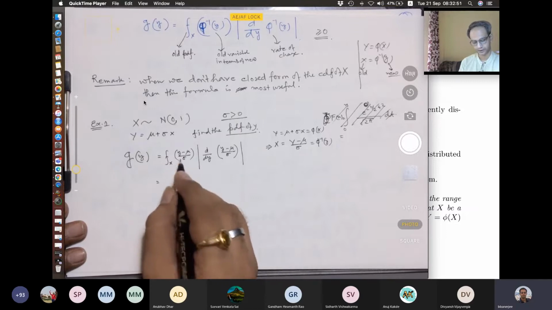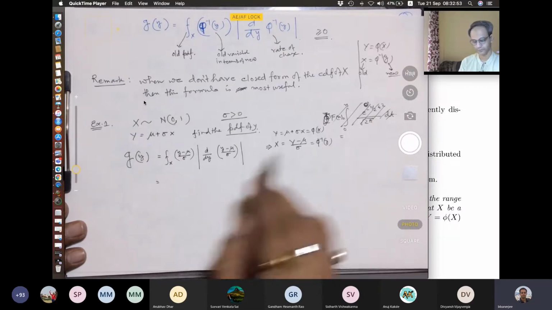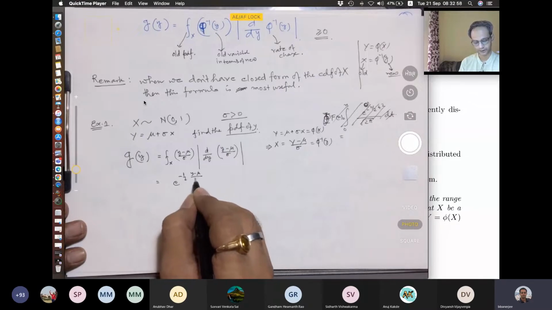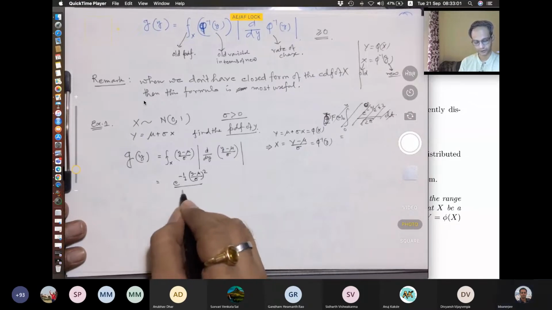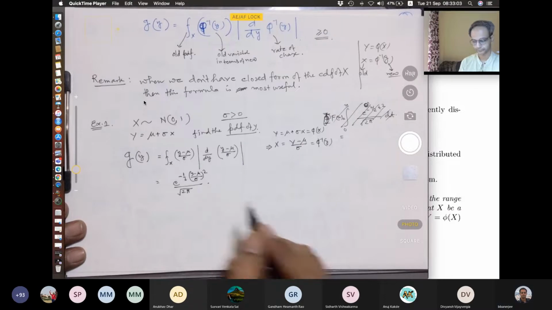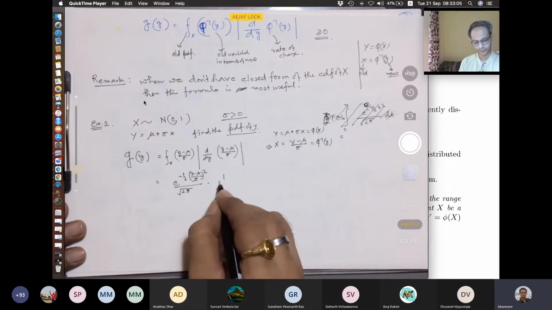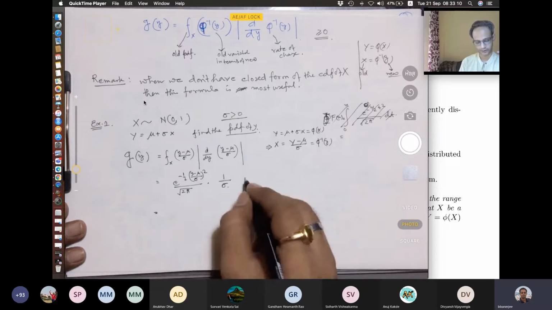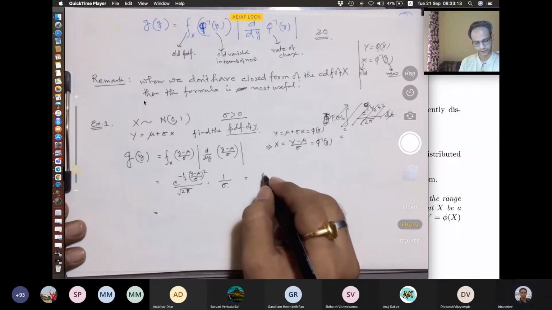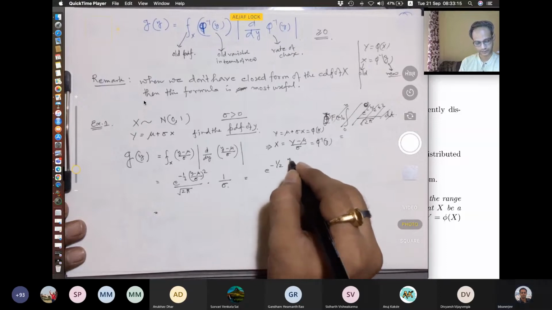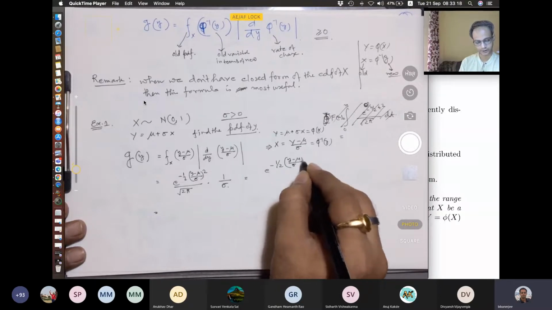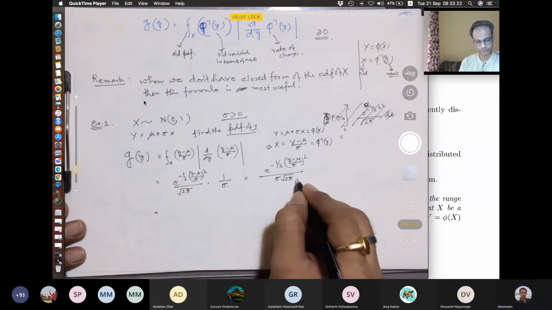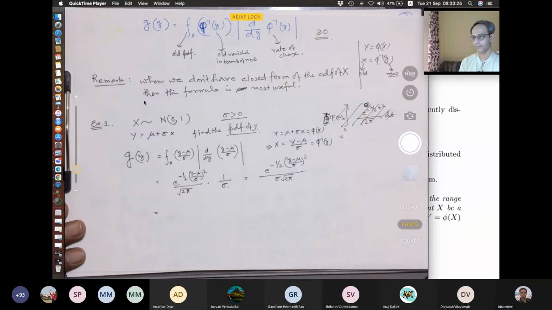So this quantity, you know the normal distribution PDF, e to the power minus half of y minus mu by sigma whole square over root 2 pi. Then derivative of this quantity is 1 upon sigma. Sigma is positive. So as a consequence, you have this PDF, e to the power minus half of y minus mu by sigma whole square over sigma root 2 pi, which is known to you.